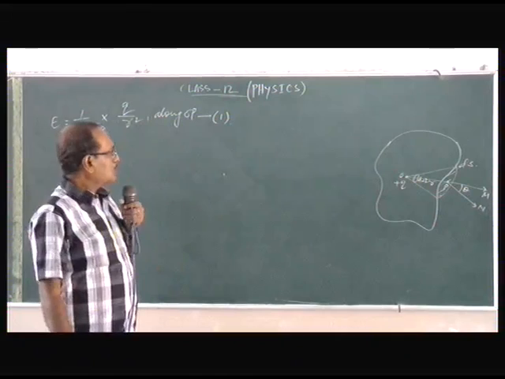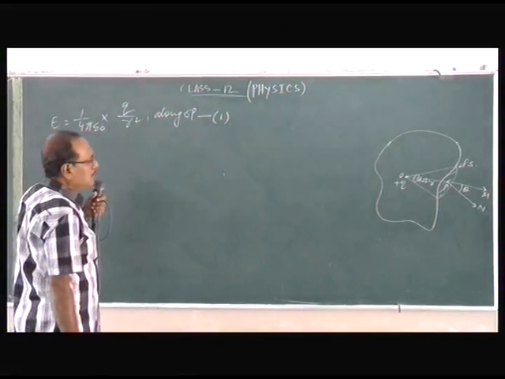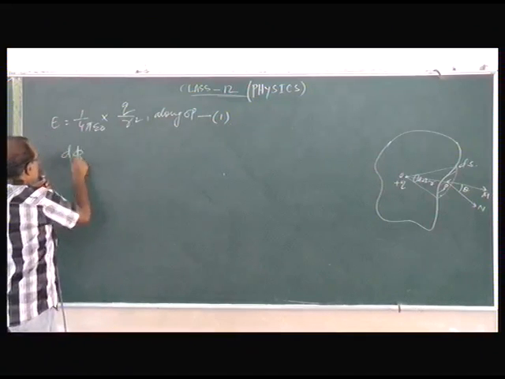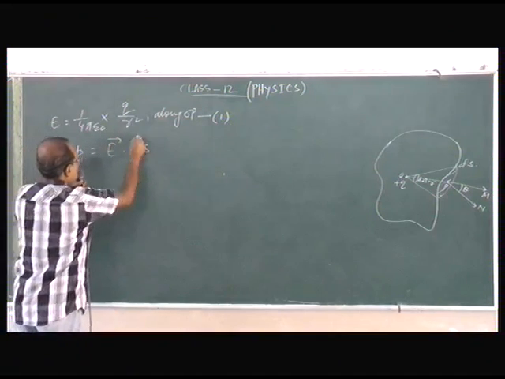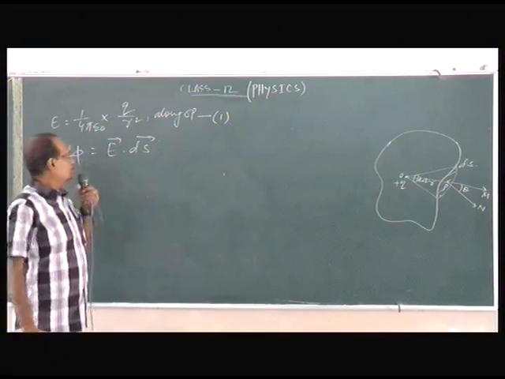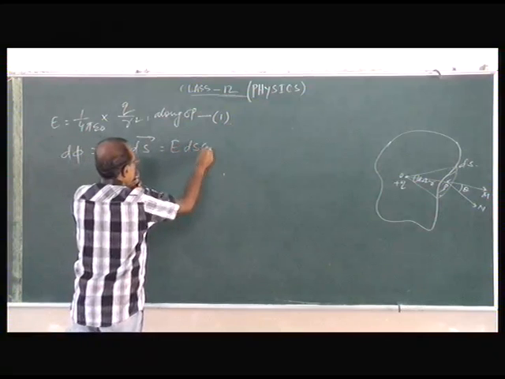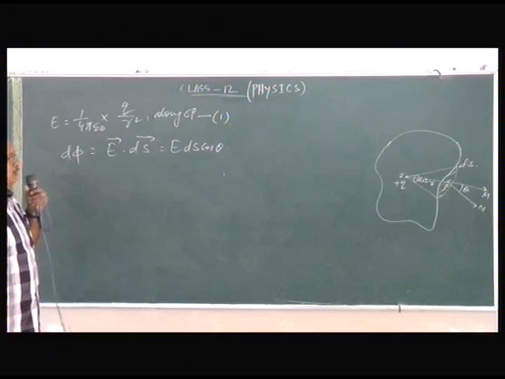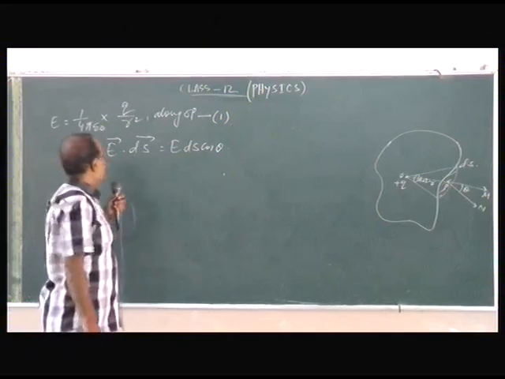Now the electric flux through the small surface ds is equal to E dot ds, that is E ds cos theta, where theta is the angle between the normal drawn to the surface ds and PM.